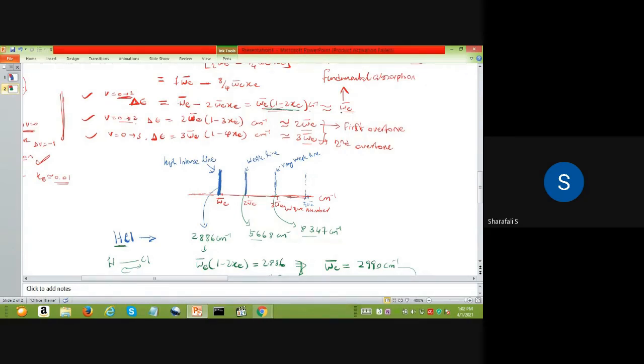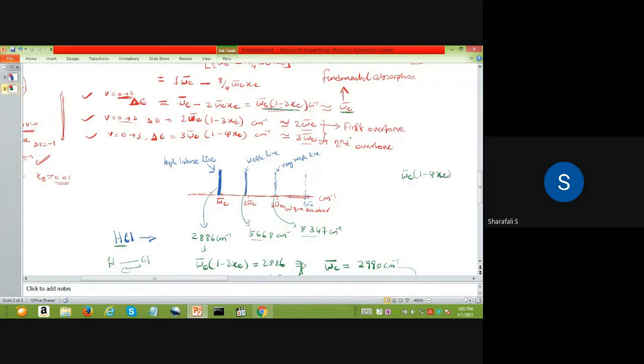So this is almost near omega E bar, minus omega E bar times 2x. That is this first line, and that is very intense. But when you consider the corresponding overtone, the first overtone, or rather the first hot band from the 1 to 2 level, that will be equal to omega E bar into 1 minus 4xc, which we just discussed.